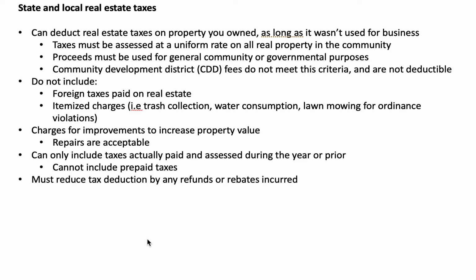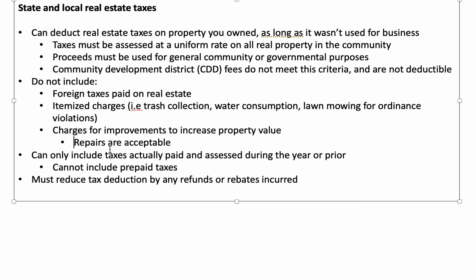You cannot include charges for improvements to increase property value. Repairs are acceptable, so if you had a sidewalk repair that was part of your assessment, you could include that. But if you were paying for an improvement, like to install sidewalks where they did not exist, you cannot include that. You can only include taxes that were actually paid and assessed either during the current year or in a prior year.